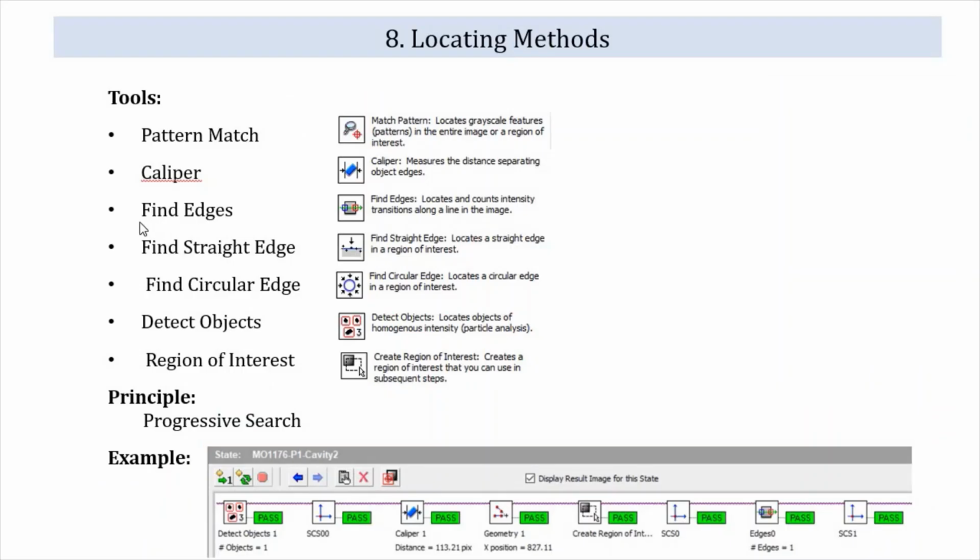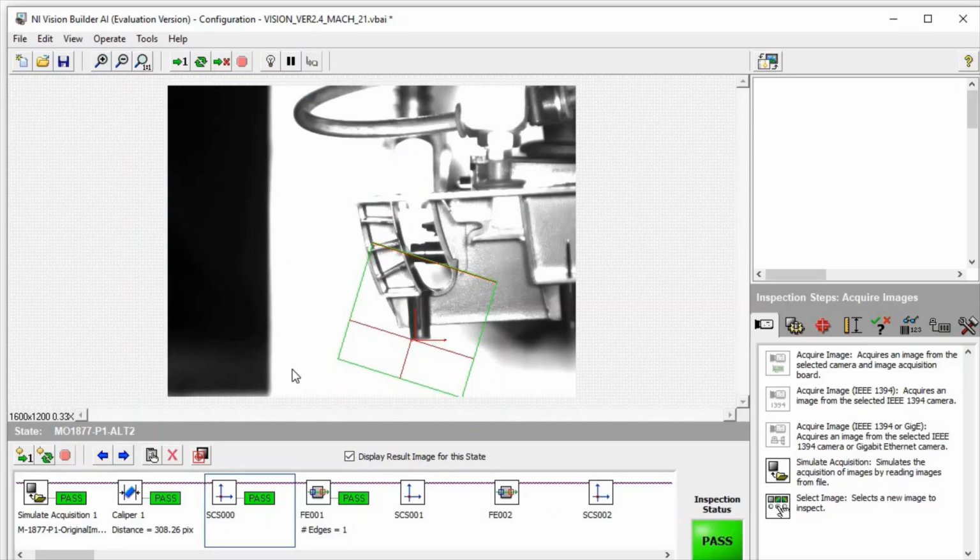The next tool to look at is the most frequently used tool in our locating method. It is the Find Edges tool. We still take this program as an example. We already established the first coordinate system based on the caliper tool results.